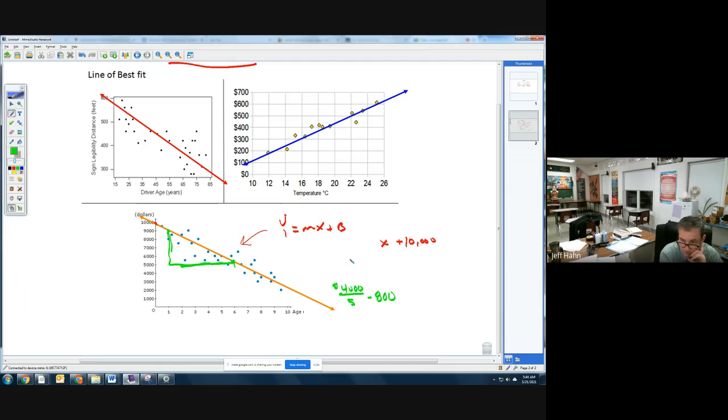So your equation would look like this. To figure out how much money it costs you for a kid, it is negative $800 times x plus 10,000. So at 0 years, it would cost you 10,000, and it drops $800 every year.